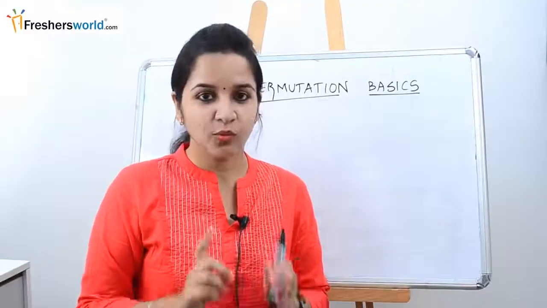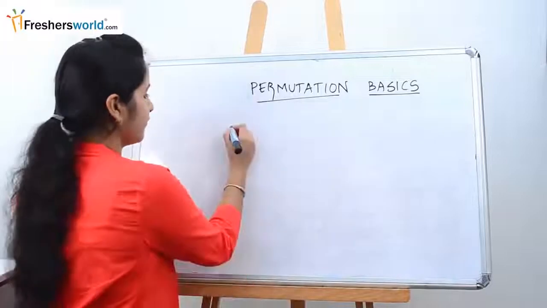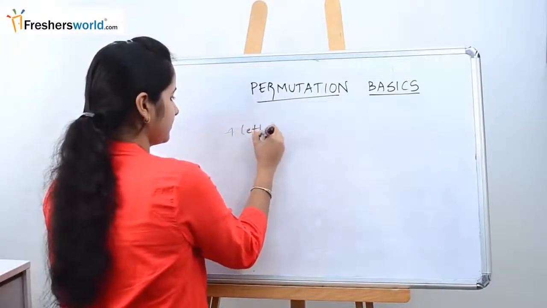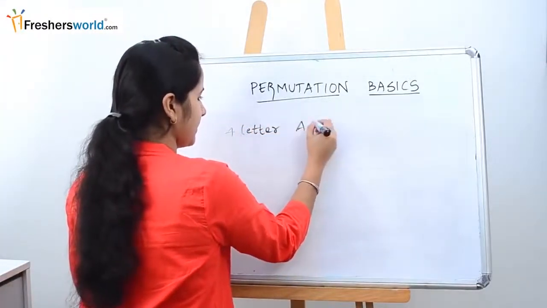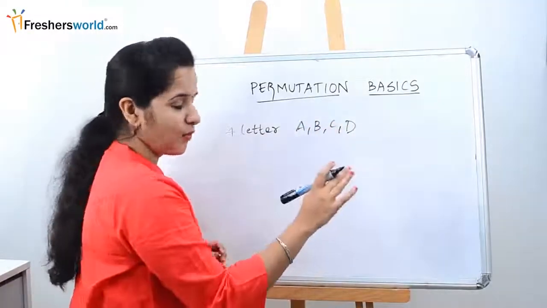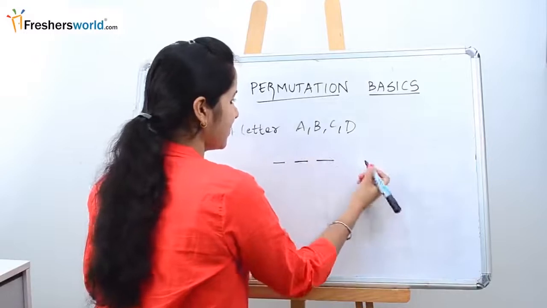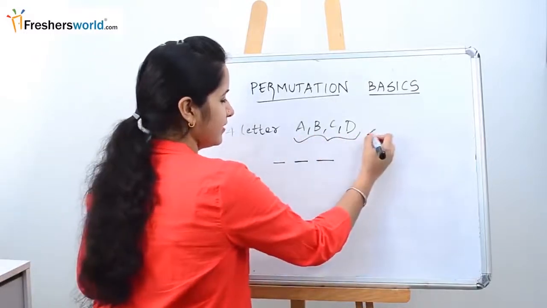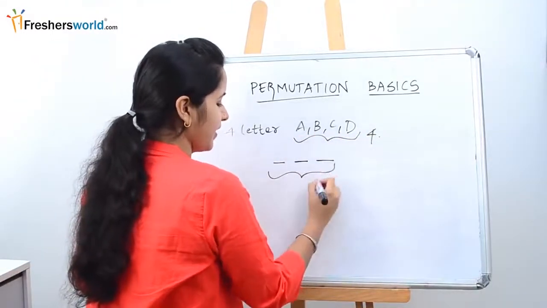The first example we are going to consider is 4 letters: A, B, C, D. They are asking you to arrange these 4 letters in 3 spaces. The number of letters is 4 and the number of spaces is 3.